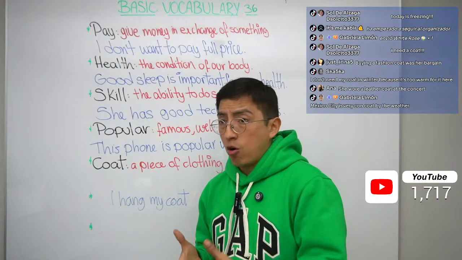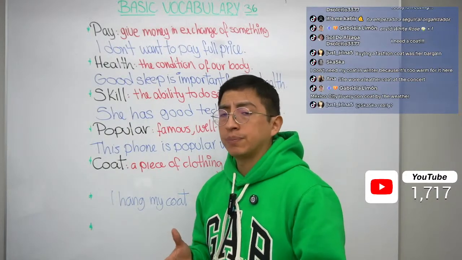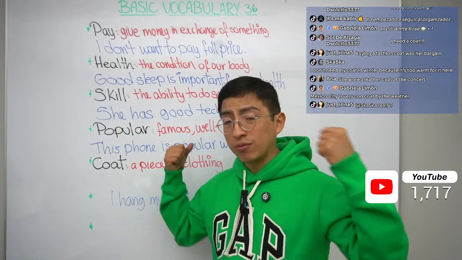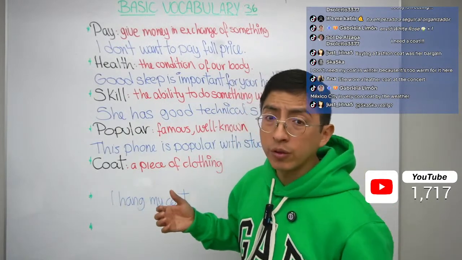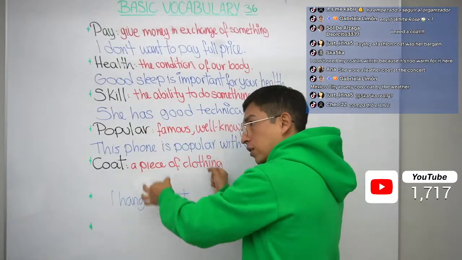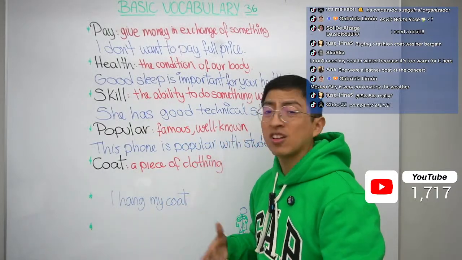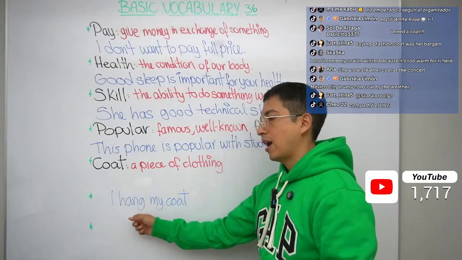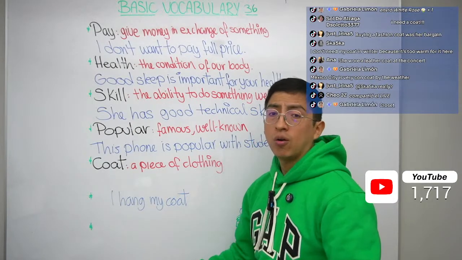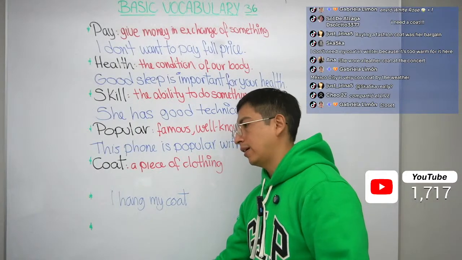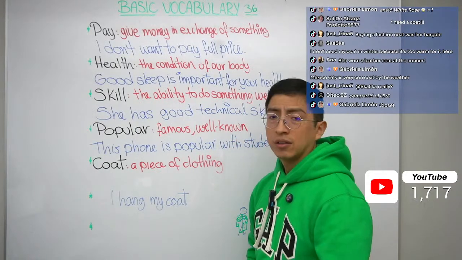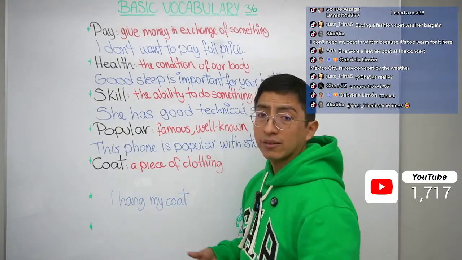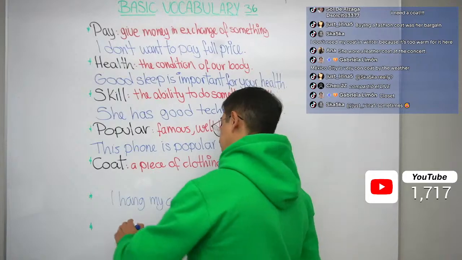But when you get home or when you get to a place, you have to take it off, right? And obviously you need to hang the coat somewhere. So that's what you can say here. Yeah, very good.